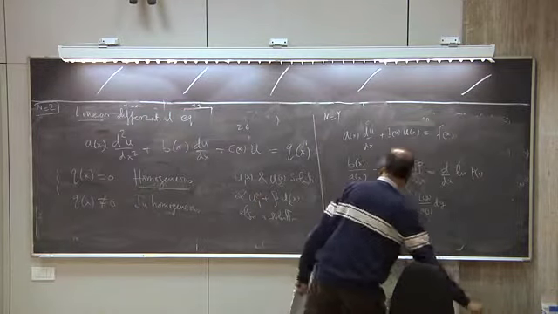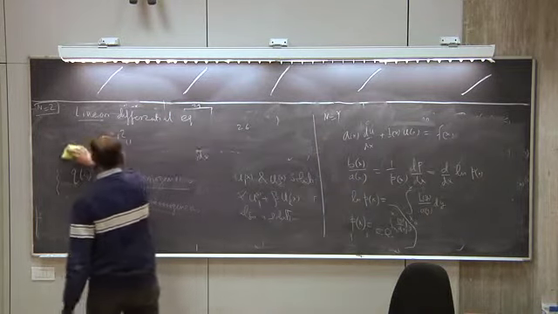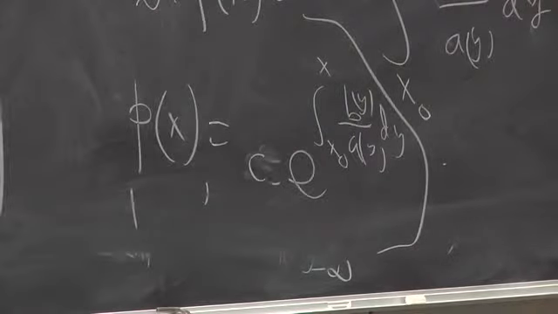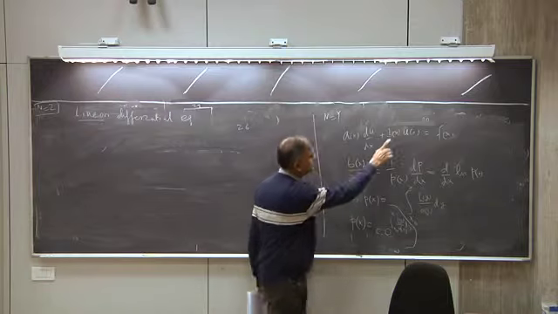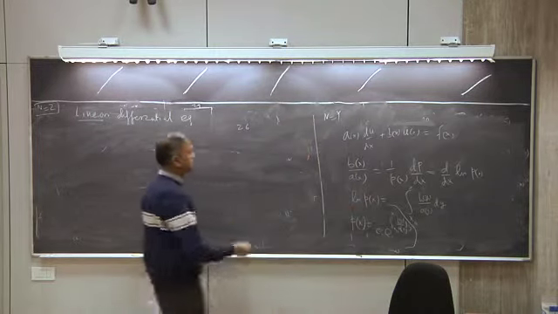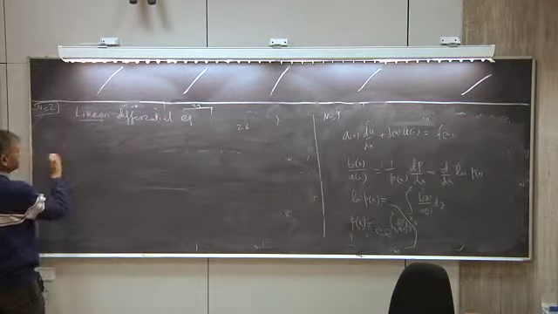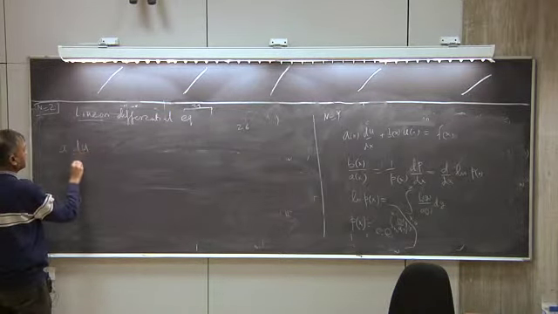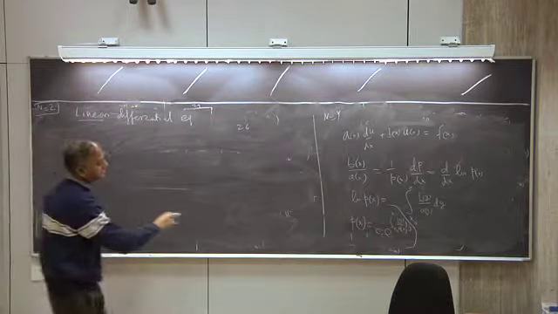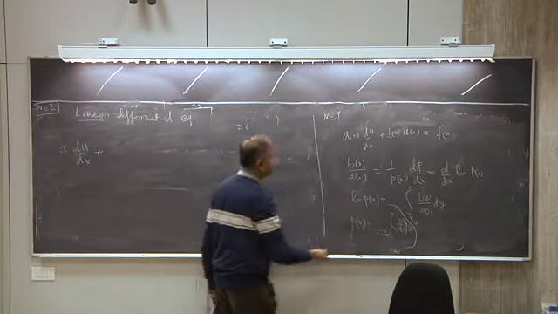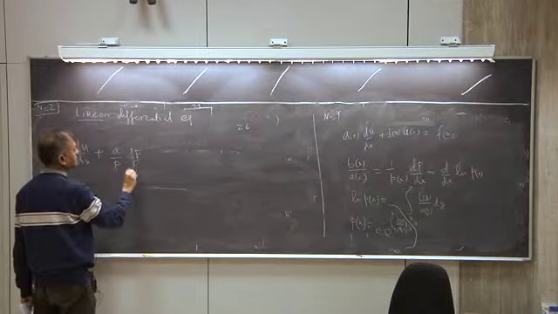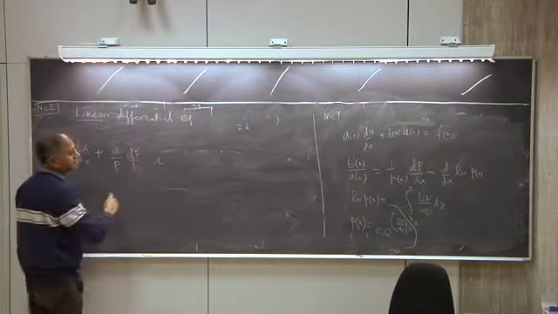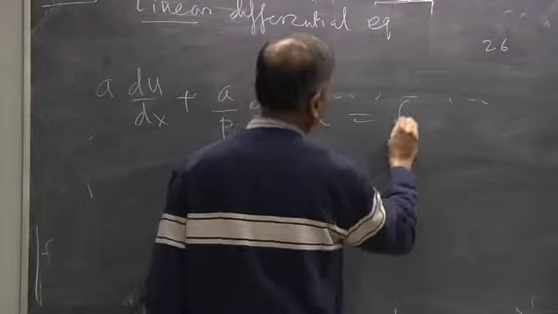So once you have found p, how do I go about solving the original equation? Let us use this equation to substitute for b. The first equation becomes a du by dx plus, b I have to multiply by a, so you get a over p dp by dx times u, equal to f.